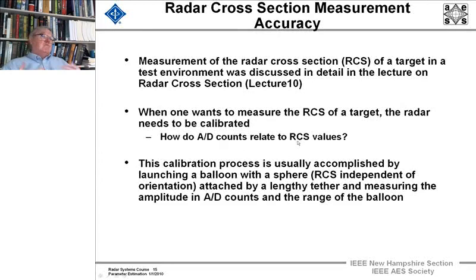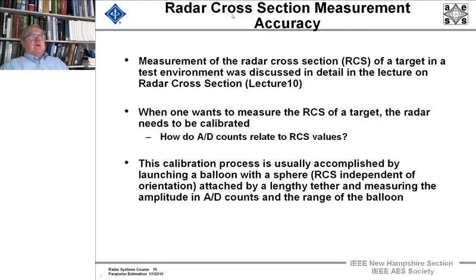Now, if you're dealing with radars that are looking up into space, there are satellites up in space that are pretty exact spheres, calibration spheres, and people use them regularly. With those powerful radars, people measure the calibration sphere as it goes around before the test, and then the calibration sphere, whether it's airborne or in space, after the test, to make sure that the constants didn't change during the test.